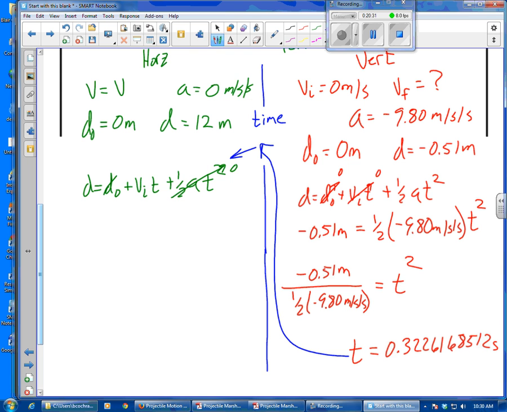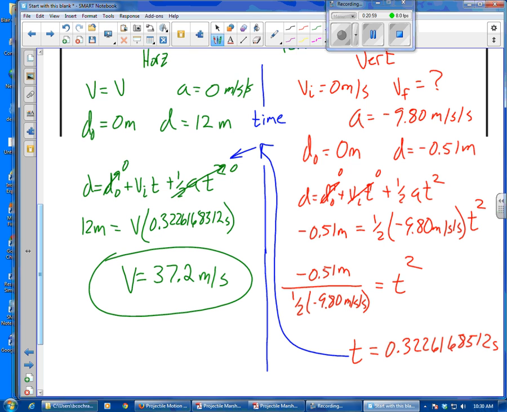So I said my d0 was 0, so that's gone also. So I'm left with 12 meters equals v times my time, which is 0.32261685112 seconds. And so my v equals 37.2 meters per second. Let's see if that's right.